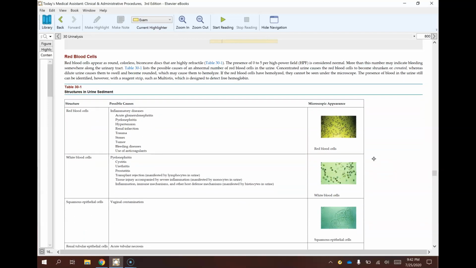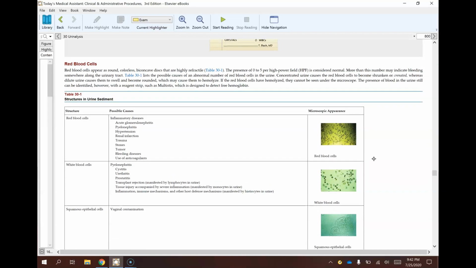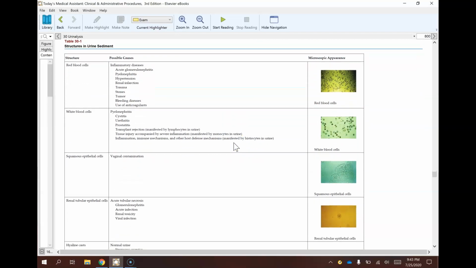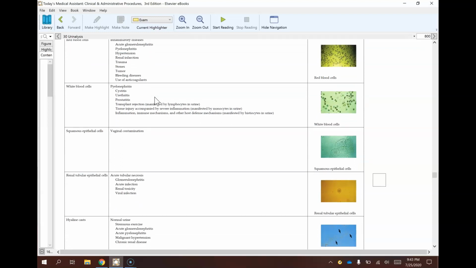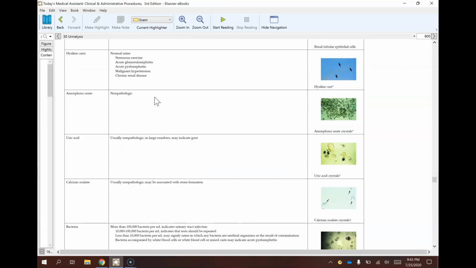Okay. So this part of the chapter is talking more about what red blood cells look like under your microscope and what might cause different cells in your urine. Excuse me. Things like red blood cells would be seen in trauma, in some types of bleeding diseases. So to the right on this chart are nice illustrations of what things would look like under your microscope.